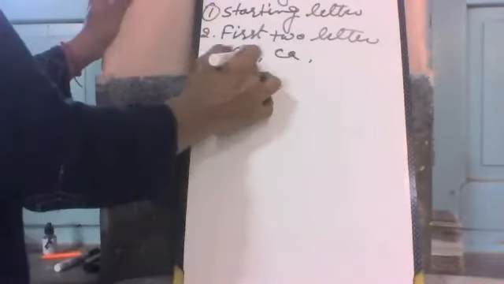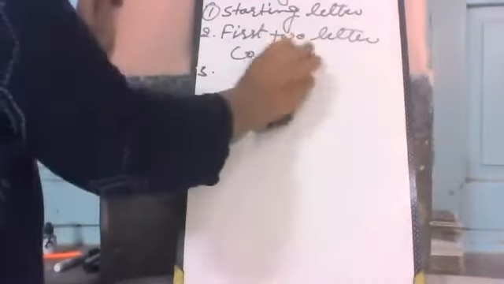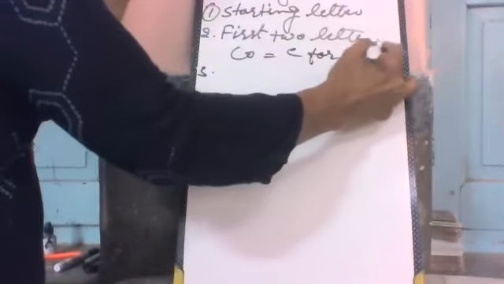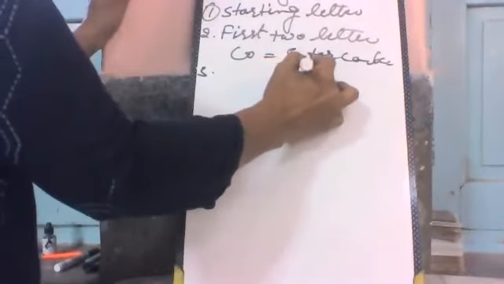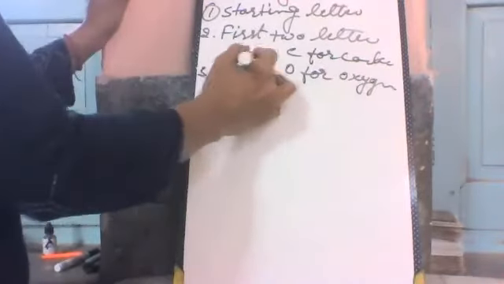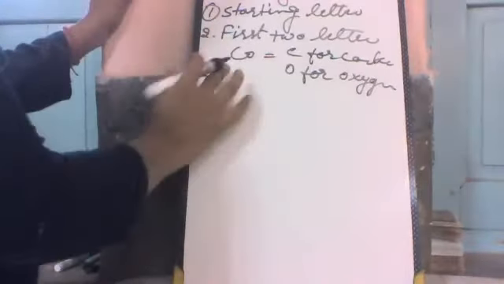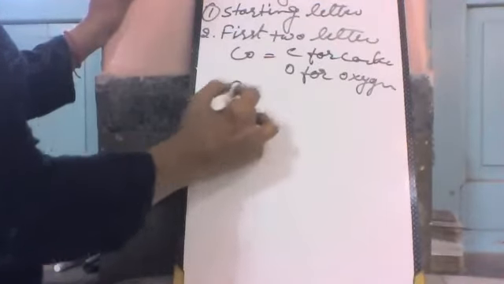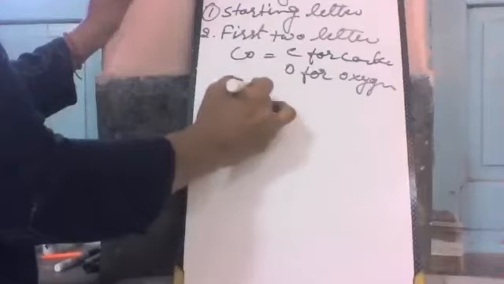Here is C and O. C for carbon and O for oxygen. So we cannot take both the letters in capital. So C is capital and O is small for cobalt.